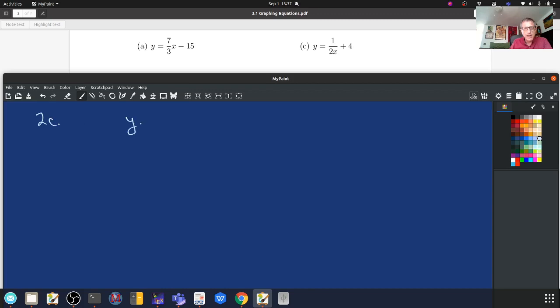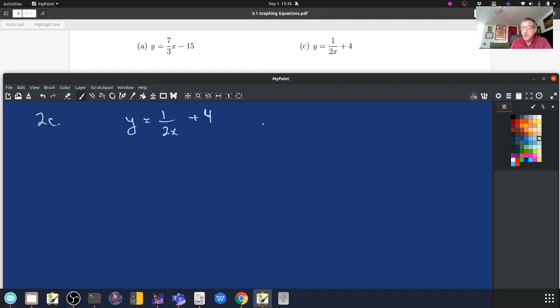So y is equal to 1 over 2x plus 4. I'm pretty much done. Notice that the 2x is in the denominator of a fraction, and there's nothing I can do to put it up into the numerator.